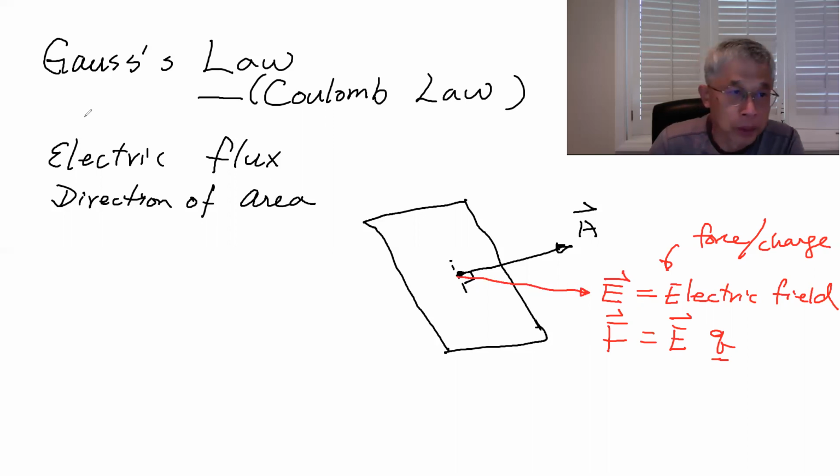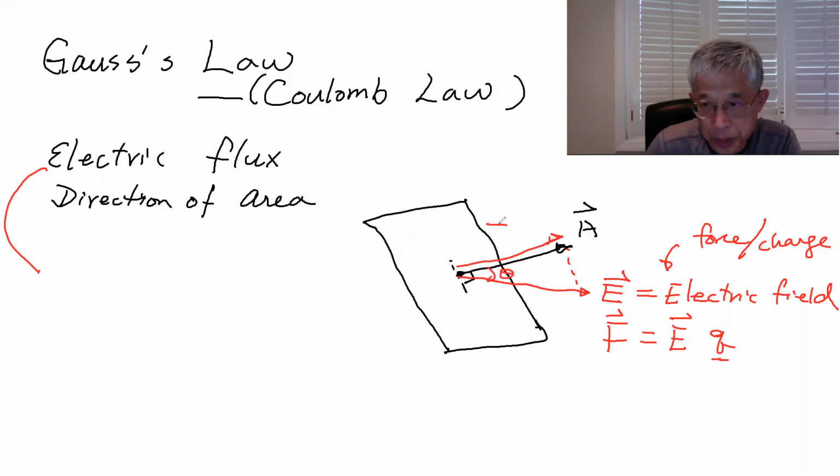Now electric flux is defined as follows. The E has a projection going this way. Let's call this angle theta. So this will be E cosine theta.